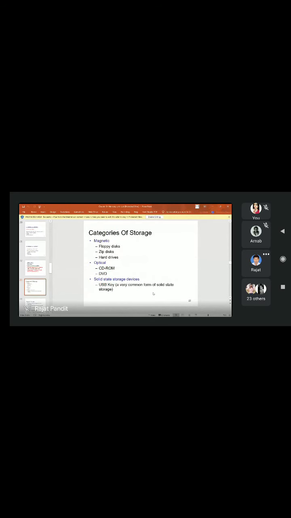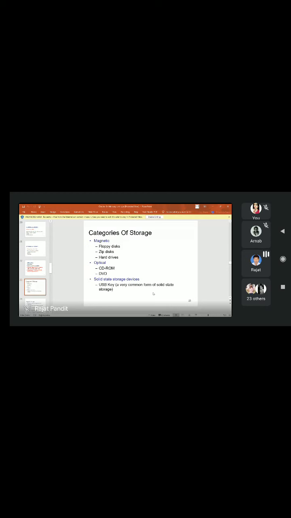Okay. So categories of storage, that is the magnetic storage, we use the floppy disks, but nowadays we are not using the floppy disks. I mean, when I was a student, then we used the floppy disks. We have seen the floppy disks. Now you will not see the floppy disks, but you can see this in the picture.